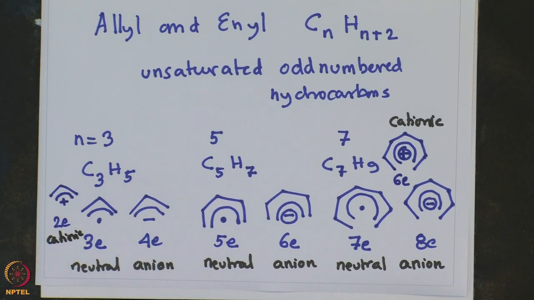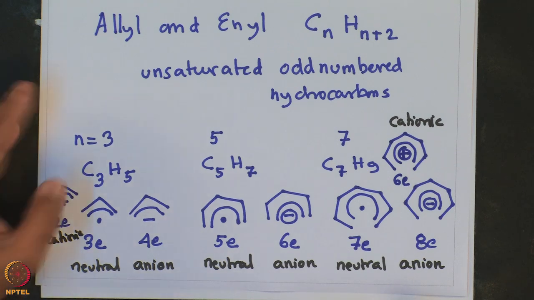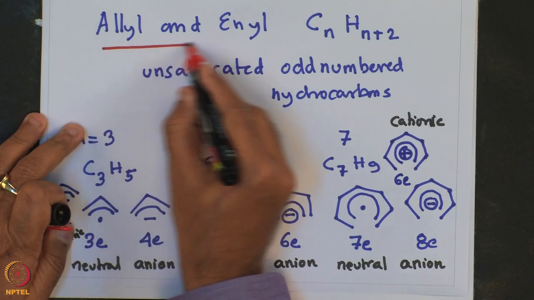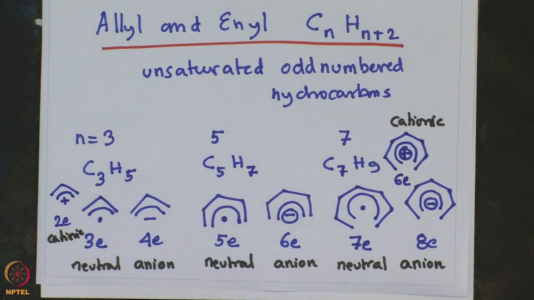So what is important to see is that allyl and enyl complexes provide a whole range of binding capabilities of the ligand in terms of their electron donation. Each of these ligands can exist in 3 forms: neutral, anionic and cationic, and as a result they have versatility with respect to the electrons they can donate.